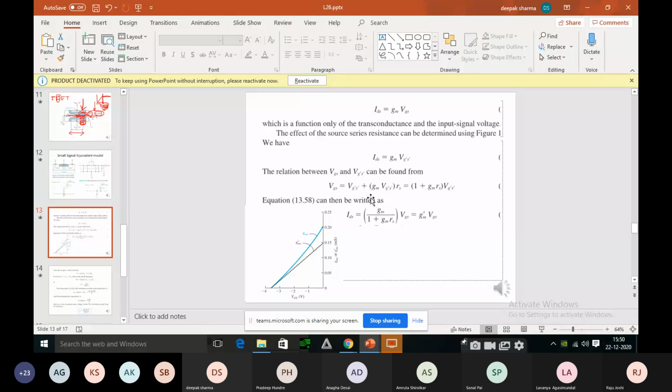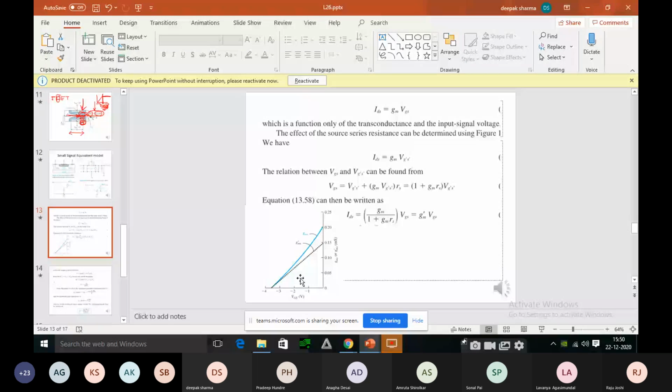So some relation is given between VGS and VG dash S dash, right? What is that difference? VGS and VG dash S dash. What is the difference? One is with the source resistance, and one is without the source resistance. Correct. So what? There will be a minor change. No doubt there will be a minor change, but that change is shown here, right?